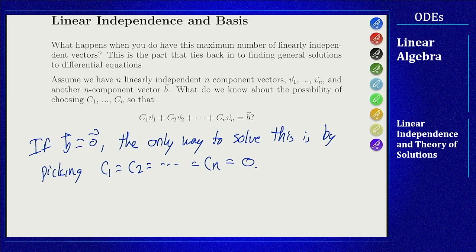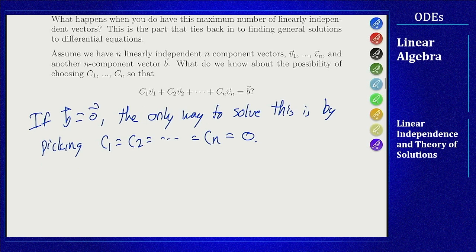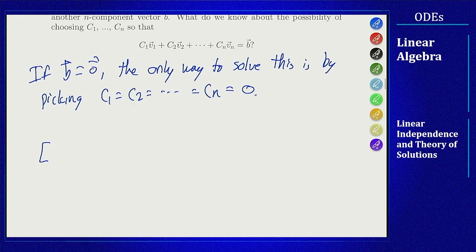Because we know these are independent, we know that if I row reduce, starting from the matrix with the v's as columns and a 0 on the right side, what I will end up with is something that has 1s on the entire diagonal, 0s below it, and all 0s on the right side. The 0s on the right side don't change, and because these are independent, I know every column must be a pivot column.